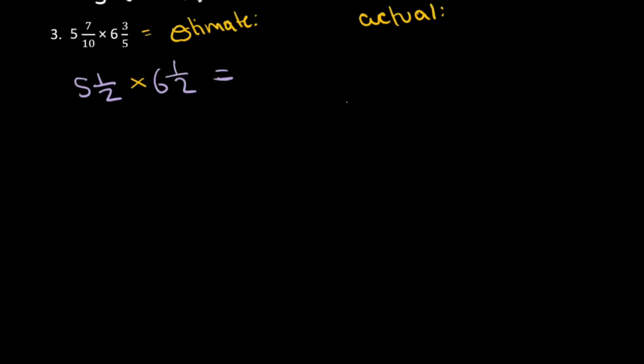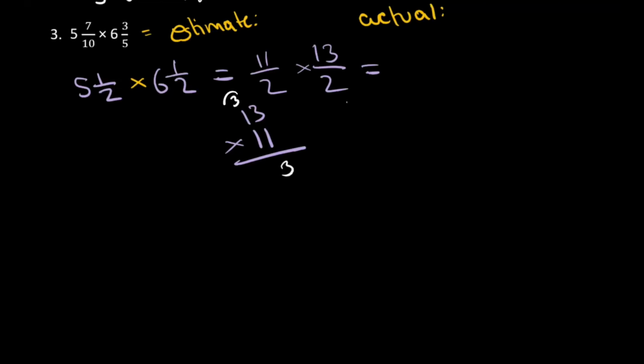So 5.5 also equals 11 over 2, and 6.5 also equals 13 over 2. Now let's multiply 11 times 13. So 13 times 11. Alright, 11 times 3 is 33. 11 times 1 is 11, plus 3 is 14. So we have 143. 2 times 2 is 4. 143 over 4 is our improper fraction, our estimate.